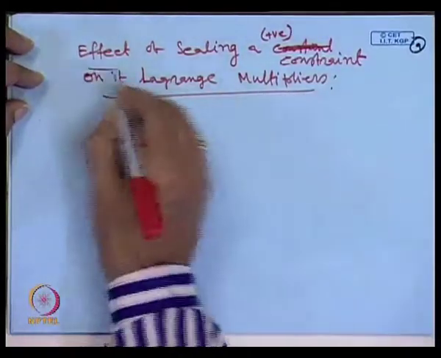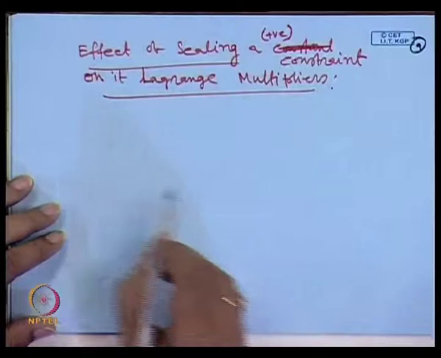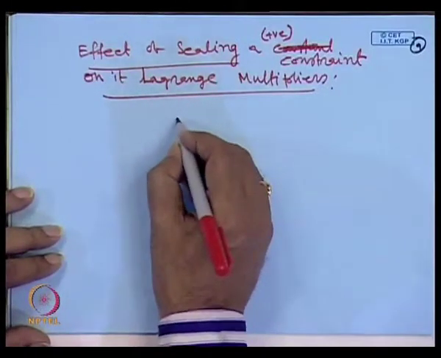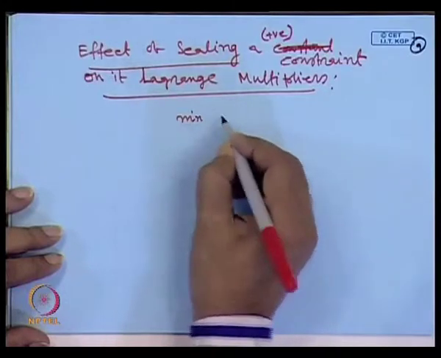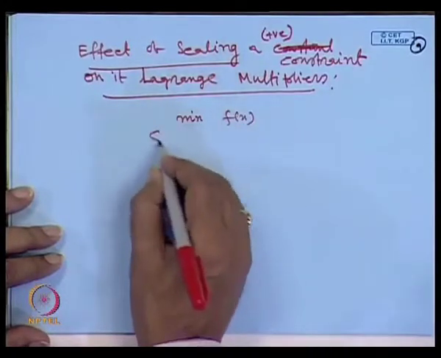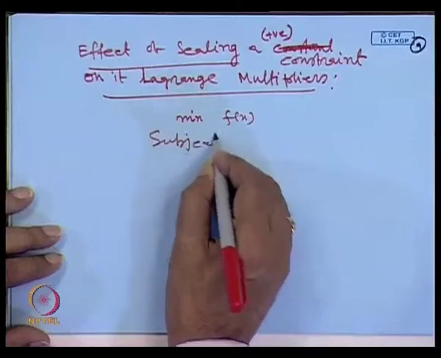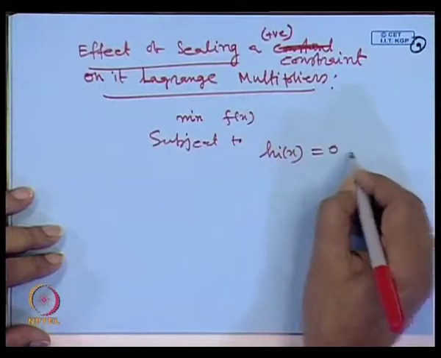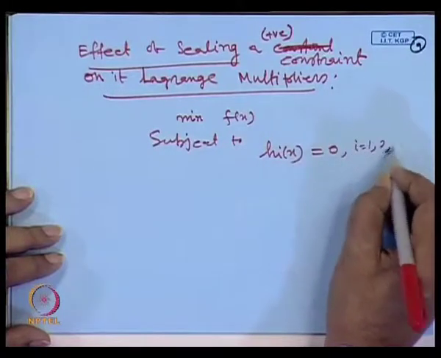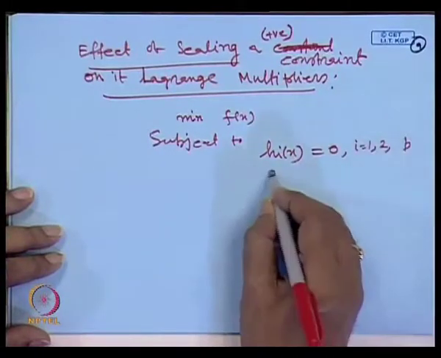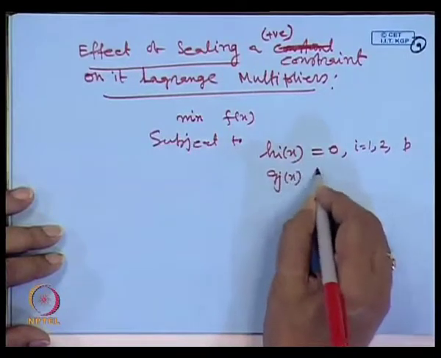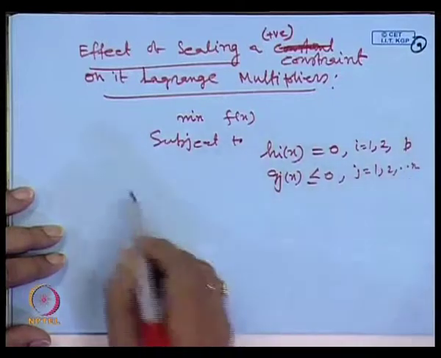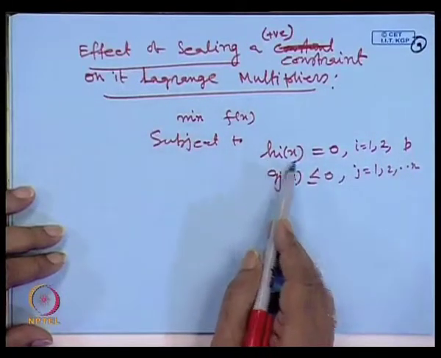So, this we will study. If you recollect, our problem is: minimize f of x subject to h i of x equal to 0, i equal to 1 to p, and g j of x less than or equal to 0, j equal to 1 to m. Now we are doing the scaling.